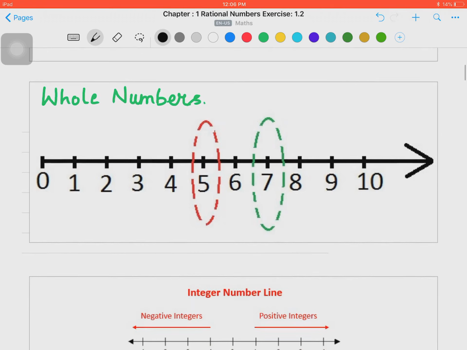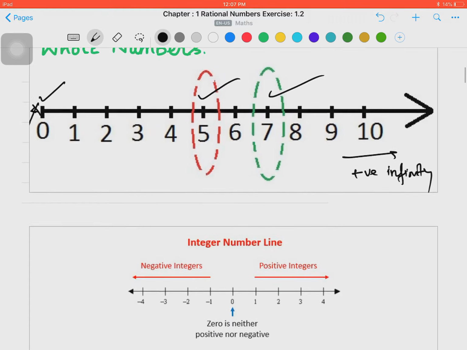Similarly, the whole numbers. Now the whole numbers will start from 0 but will not go in the negative direction. It will continue to move in the positive direction till positive infinity. You can look at any number like 5 or 7 on this line where we are representing the whole numbers.